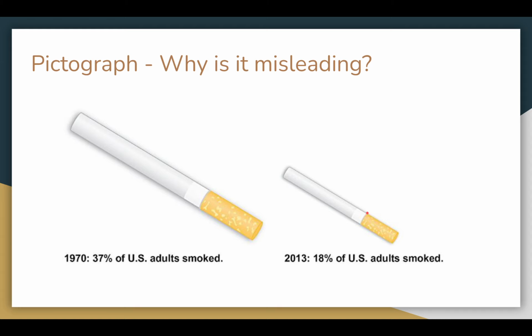It's more than a 50% smaller picture. So not at all a good representation of the data, but also you cannot read it. If it didn't have the words with it, you'd have no idea anything about the frequency or the relative frequency or categorical data and the number of people who smoked. You can't tell any of that from this.